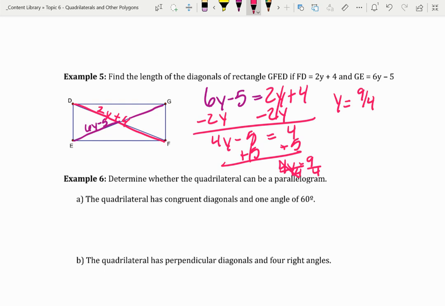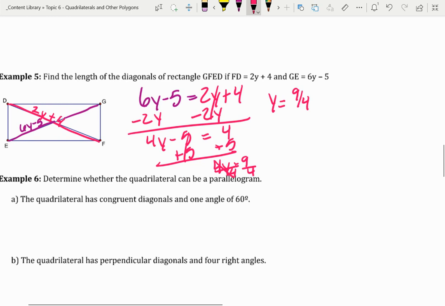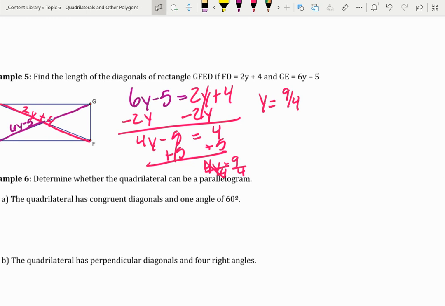Okay, since we have to find the length of the diagonals, we do have to plug that into one of them. I'm going to plug it into DF, or FD.